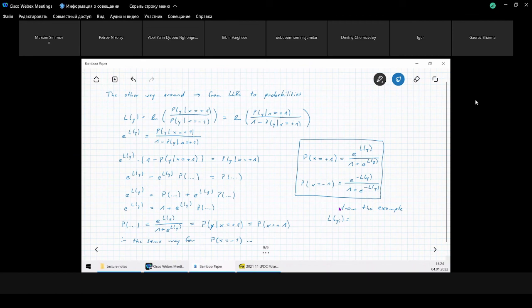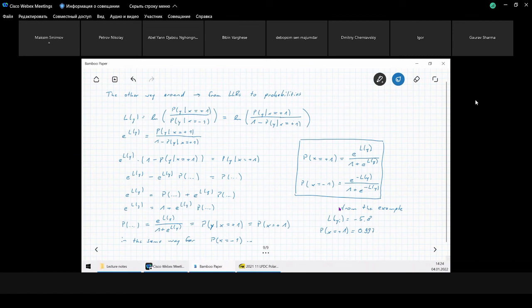Minus 5.8. We get P of x being plus 1 to be 0.997.